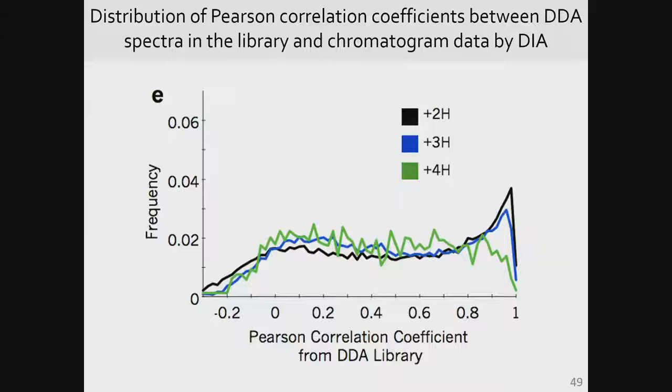That's because the doubly charged will have the same collision energy as that in the library. The triply charged features collected by DIA correlate less well to the library. The quadruply charged correlate even less. So this was a reason why we were thinking about potentially using different activation methods, because resonance CID is completely independent of charge state.